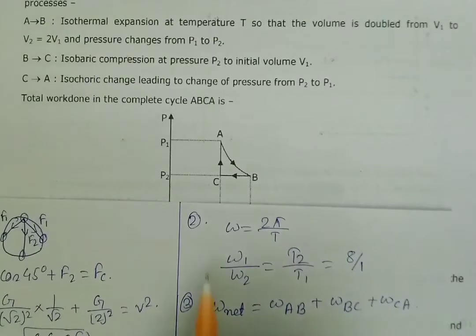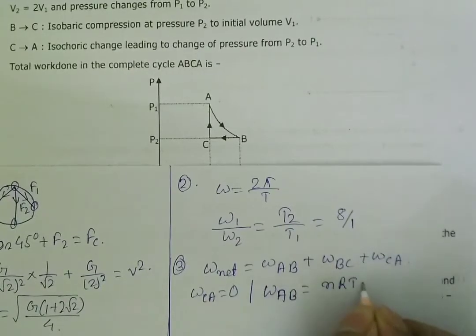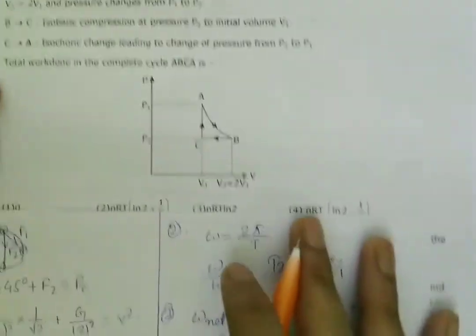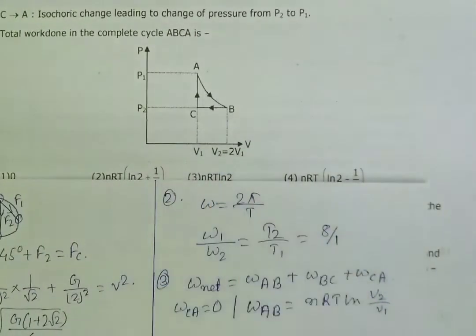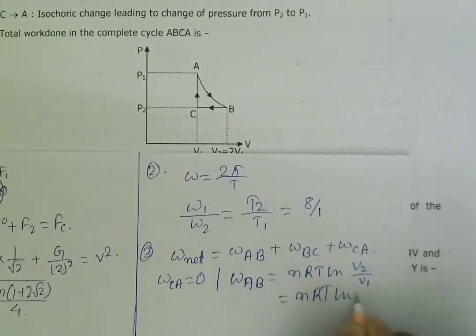As the C to A is an isochoric process, work done in this process will be 0, and in the process A to B, work done will be nRT ln V2 by V1, and it is given that V2 is equal to 2V1. So we can say that W AB will be equal to nRT ln 2.